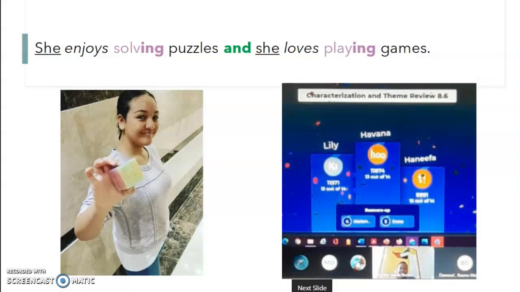She enjoys solving puzzles and she loves playing games. You can see here I have my subject, I have my verb, and I have the verb ing. Okay, same after the and as well. We have the subject, the verb, and the verb ing.